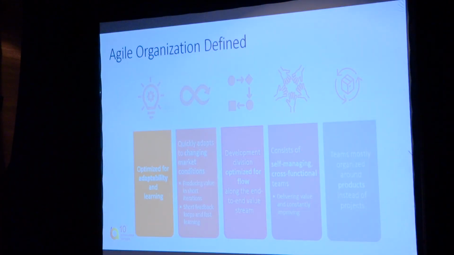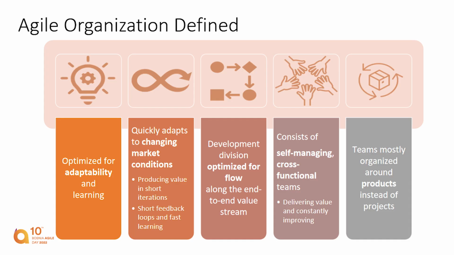So, what does an Agile company, an Agile organization look like? An Agile organization is optimized for adaptability, for learning. They are able to continuously and quickly deliver value to end users and learn from the feedback and act upon those learnings.